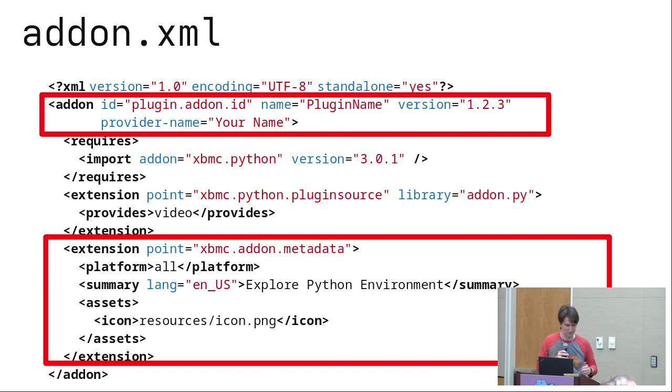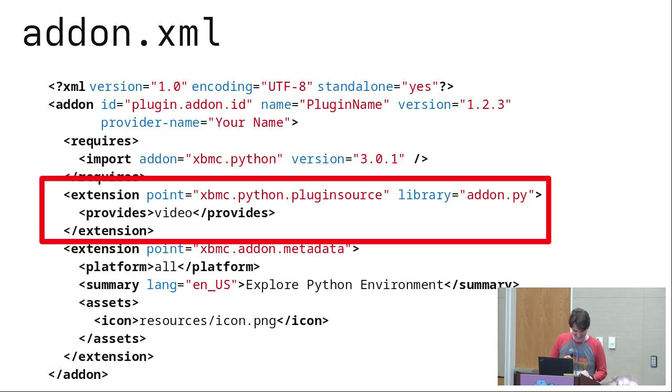Plugin name is what is displayed in the menu system. Provider name is just your name if you're publishing this, which I haven't done. I should probably say I don't have any published packages right now. Everything is really just on my own machine, which is great. Don't have to worry about anything, so it just says your name.